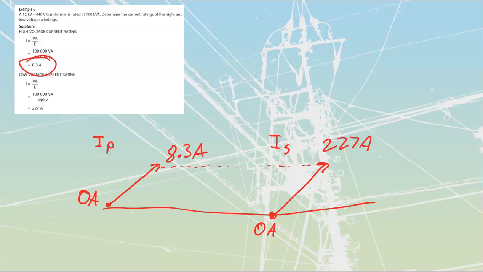In other words, if I were halfway up my amps on this side, I would also have to be halfway up my amps on this side over here, right? I'd be sitting about 113-ish amps over here, we'll call it, which would mean that I would be sitting at 4.1 over here on this side. It's still going to follow the same transformer ratios all the way through from one over to the other.